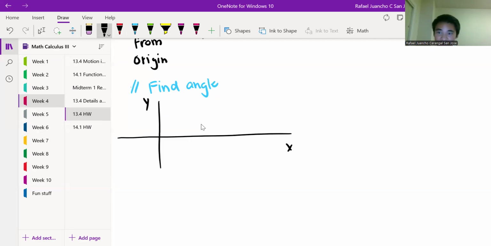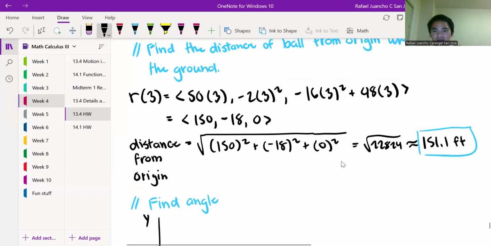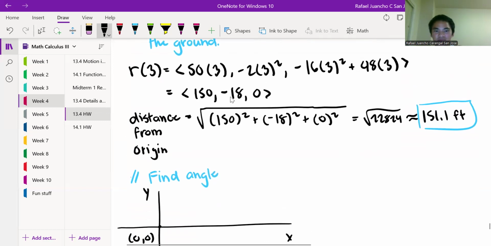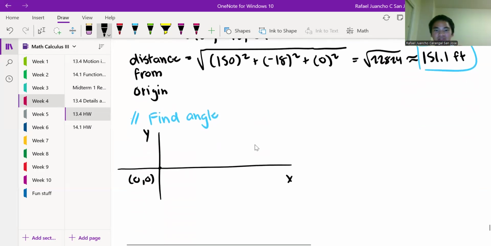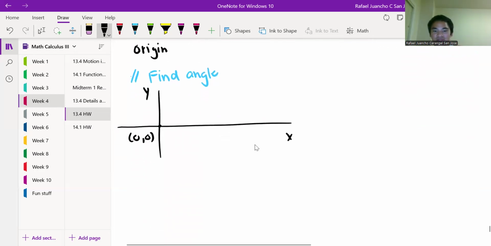We're at the ground. Because it was just asking for eastward direction towards the south. So I just need to imagine something in 2D. I have my 0, 0. And then the point at which it landed was 150, negative 18. Like here maybe? Towards here. That's just a guess.